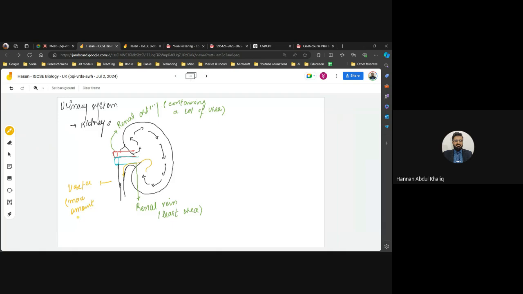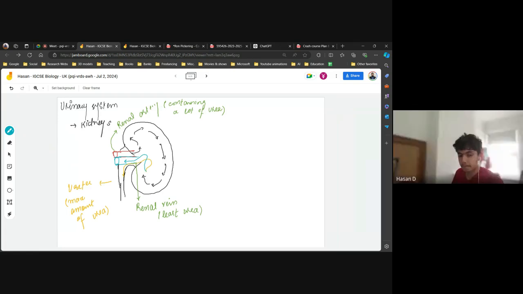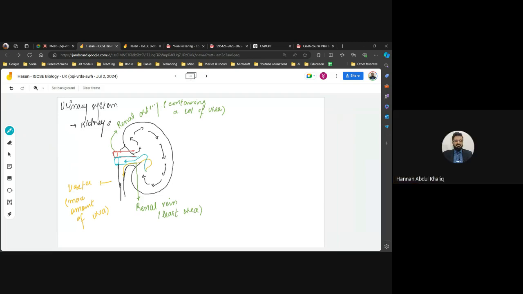The blood would enter into the renal vein. That is why the artery was containing the urea, but since it got filtered, now the urea is in the ureter. The rest of the cleaned blood would be flushed into the renal vein. Got it? So that is how this phenomenon happens.